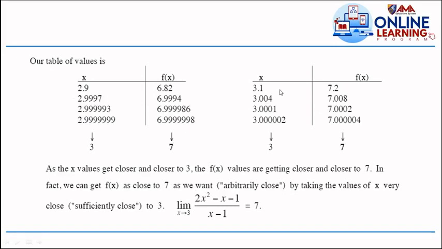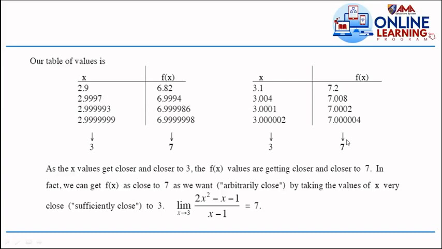So the same with from the right. We have 3.1, function of x is 7.2. 3.004, we have 7.008. As x gets closer or approaches 3, our function of x approaches 7.